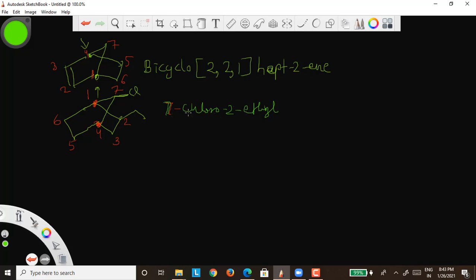This is the rule. C for chloro, E for ethyl. C comes first alphabetically, then E. So it should be chloro, then ethyl. But chloro is on 7. 7 chloro, 2 ethyl.